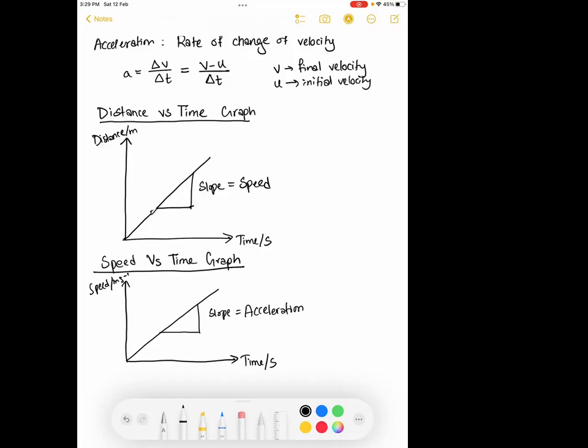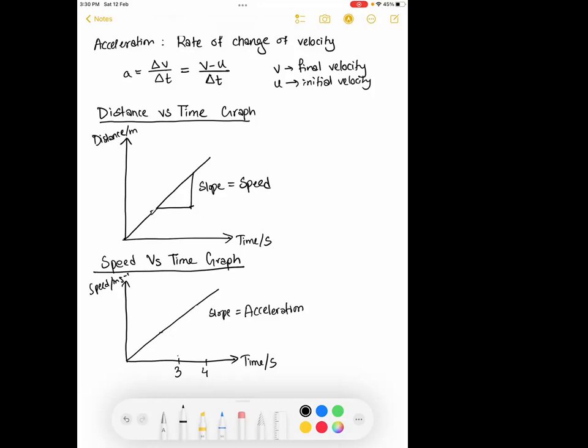Another piece of information it can give you is the distance. How? The area under the graph gives you the distance. So for example, let's say you want to know the distance traveled from, I'm just going to put 3 and here 4, from time 3 seconds to 4 seconds.